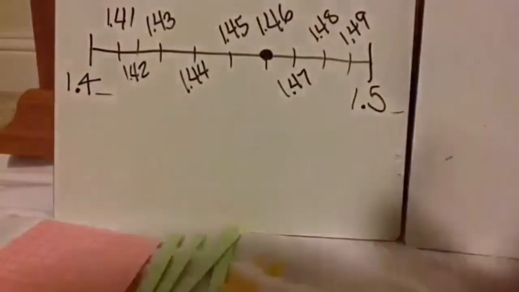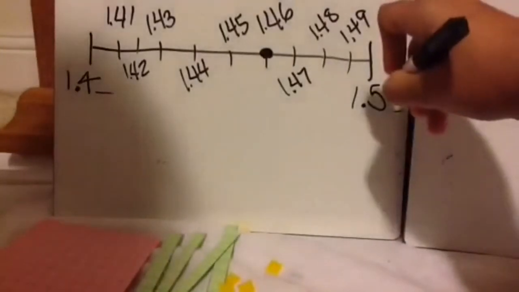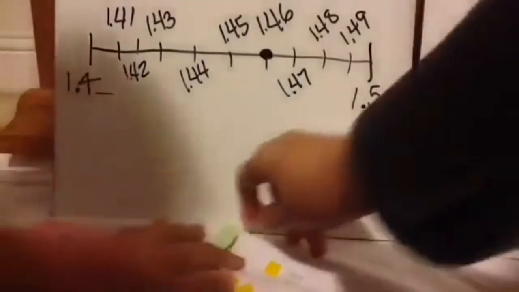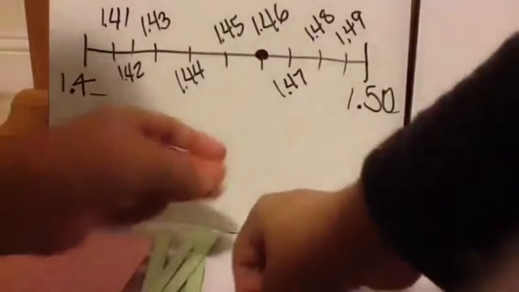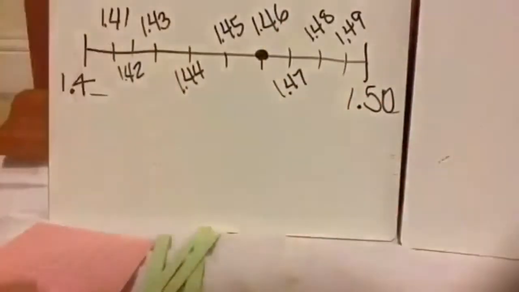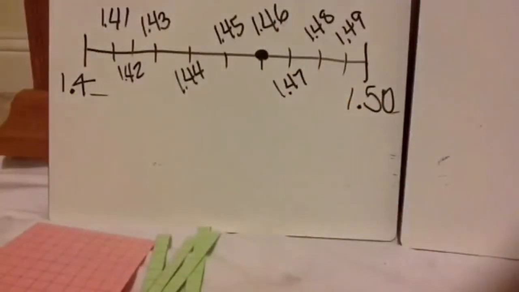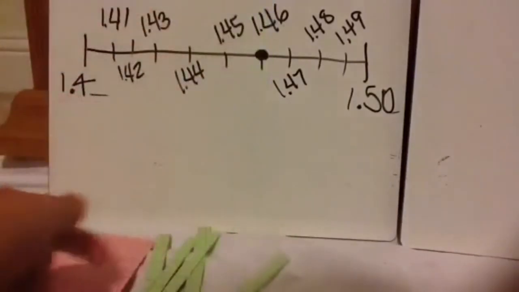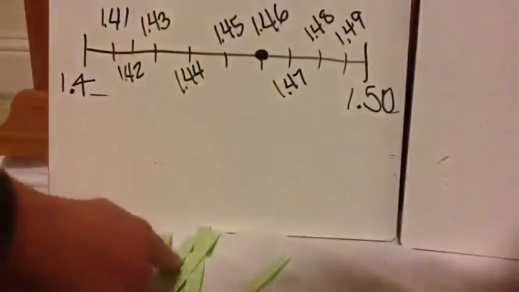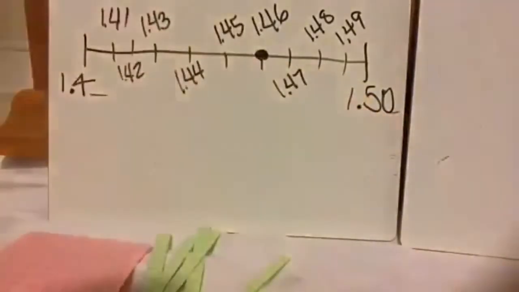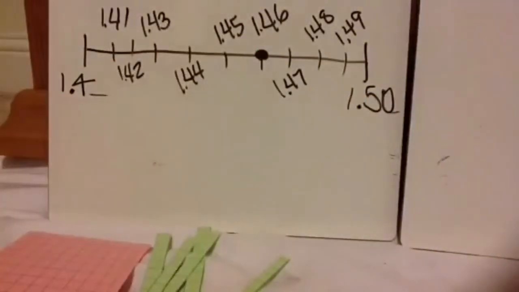If I add one more, that's 1 and 50 hundredths, because these 10 pieces are now going to trade in and be one of these. So I have 1 whole and 5 tenths and 0 hundredths. So these hundredths get traded in.